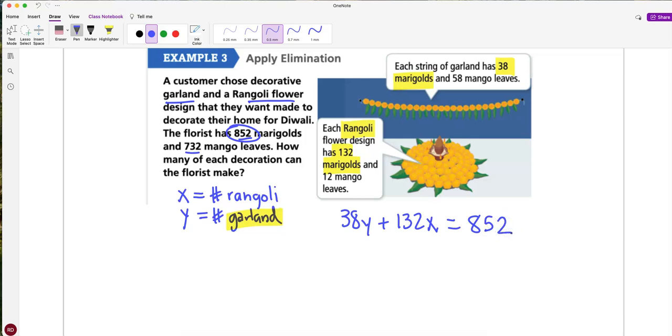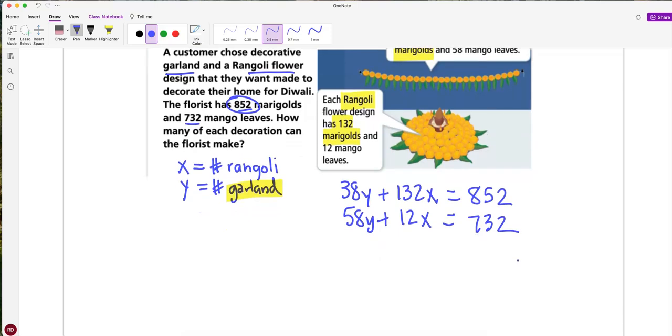Then let's go to the mangoes. So I have 58 mango leaves on the garland, so 58y plus 12x equals, and then with the mangoes, 732. So if I look at this one in terms of elimination, remember 11 times 12 is 132.